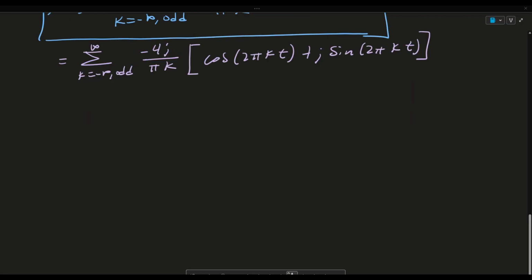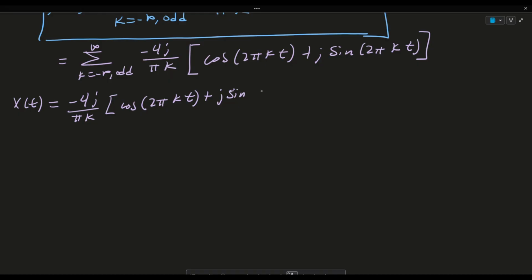So for any given k, if we wanted to write this all out as one function, so let's say for any k is equal to x, k is equal to 5, or k is equal to 6, we can say then that the entire equation, the negatives and the positives, become x of t is equal to minus 4j over pi k times cosine 2 pi kt plus j sine 2 pi kt.